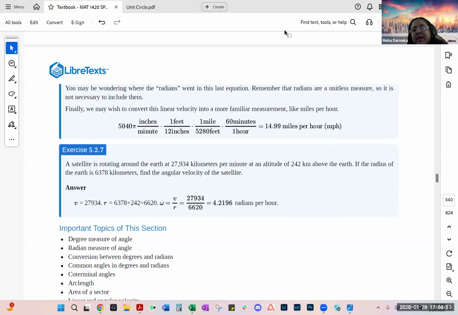I think what you are thinking about is when we were doing the conversions between degrees and radians, where we use the conversion of 180 divided by pi or pi divided by 180. So remember, a whole rotation around a circle is still 2 pi, and half of that is 180 degrees, or pi. So a full rotation is 360 degrees, or 2 pi radians.